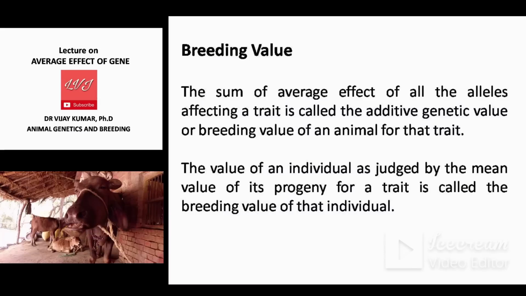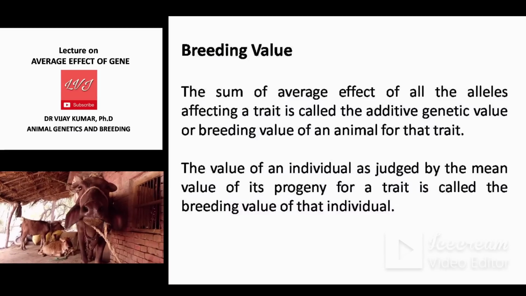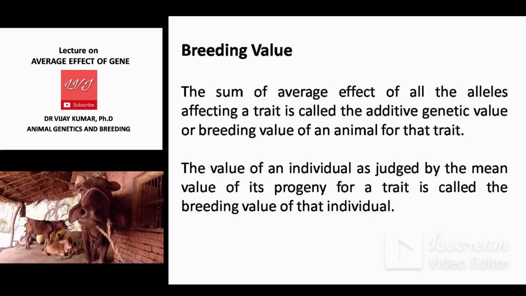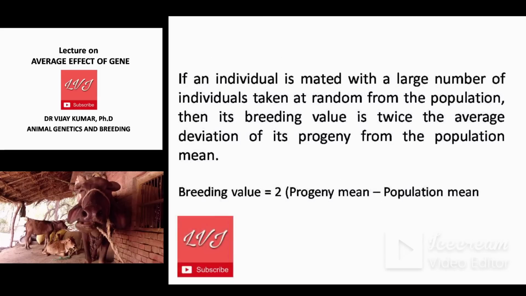In the last few slides, I discussed how to calculate the average effect of a gene, and the summation of all the genes affecting a particular trait will equal the breeding value for that trait. If an individual is mated with a large number of individuals taken at random from the population, then its breeding value is twice the average deviation of its progeny from the population mean.